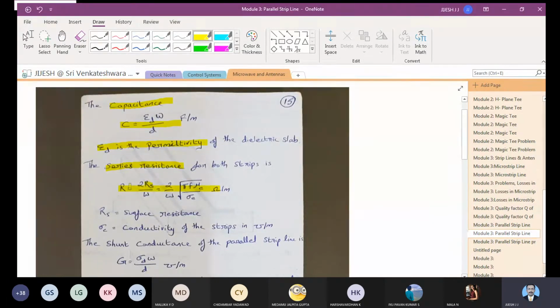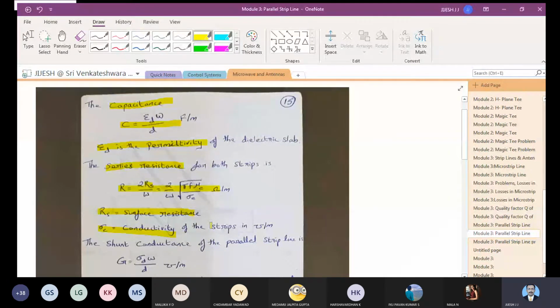So R will be 2 by W root of pi f mu c by sigma. Rs is called the surface resistance. Sigma is called the conductivity of the strip in mho per meter. So you can note down these equations to calculate the capacitance as well as the resistance.